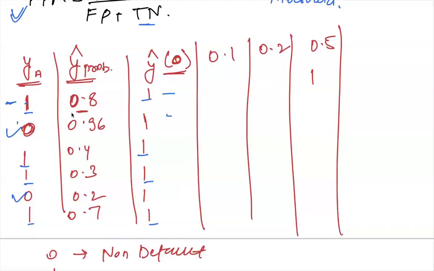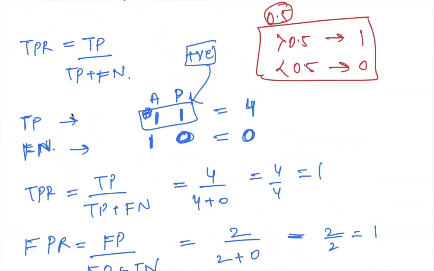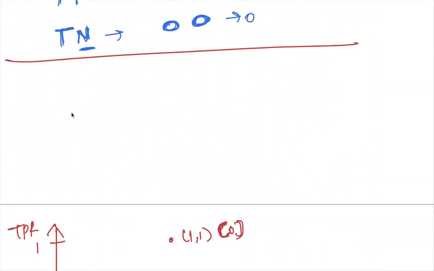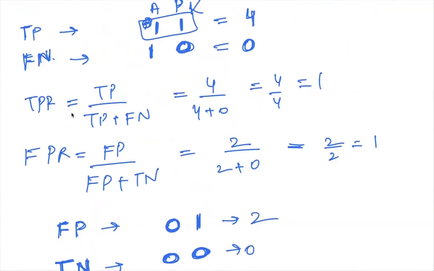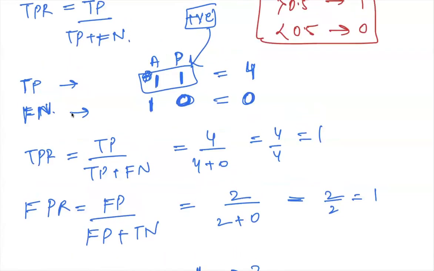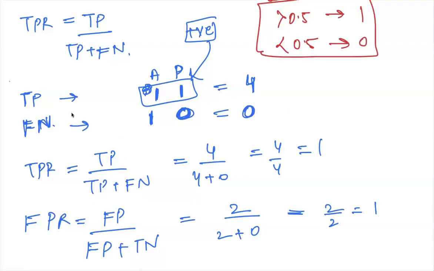So this will be 1, this will be 1, this will be 0, 0, this will be 0, 0, 1. Now this is what the model has predicted, and this is what the reality is. Now let's calculate our true positive rate and false positive rate at 0.5 threshold. We already know true positive rate is true positive by true positive plus false negative, so let's calculate this part again.